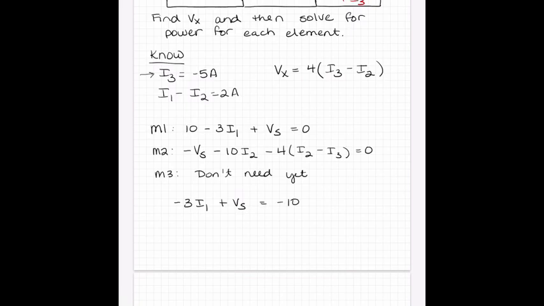This is mesh 1. The mesh 2 equation is going to be minus 14 I2 plus 4 I3 minus Vs is equal to 0.